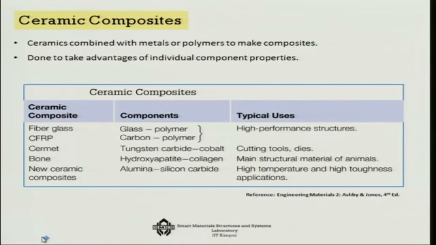Ceramics as composites. When we discuss composites, we will discuss ceramics in terms of fibers, also ceramics in terms of matrices. In general, ceramics are very important elements of making composites. You can combine them with metals or polymers to make the composite, and this is done to take advantage of individual component properties.